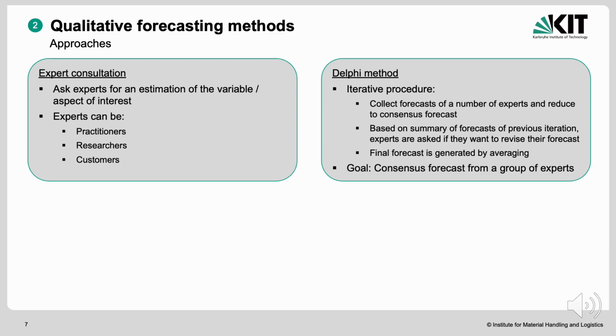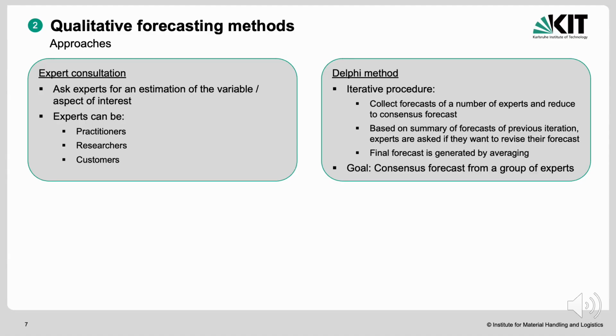Usually, if people are confronted with another forecast, they start to think about their opinion, and they usually move the average in a consensus-capable direction. So the final forecast is then generated by averaging the revised forecasts. The goal of this is a consensus.